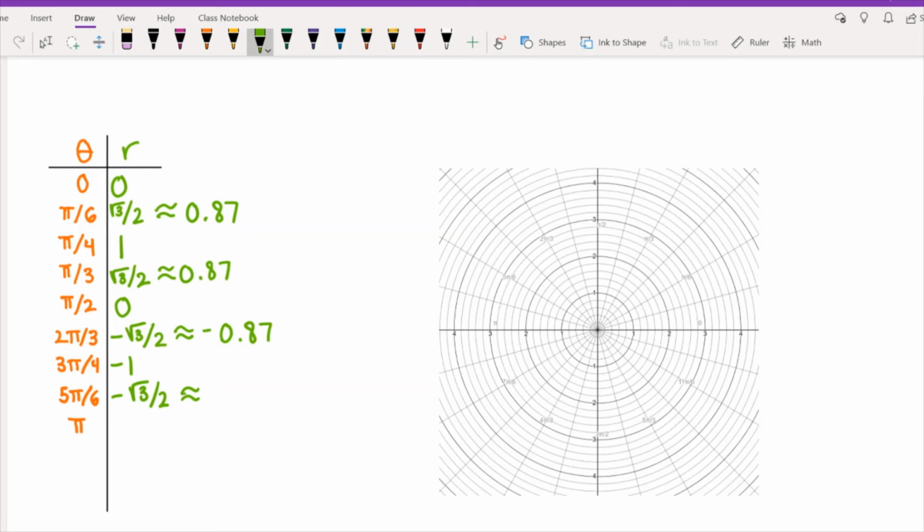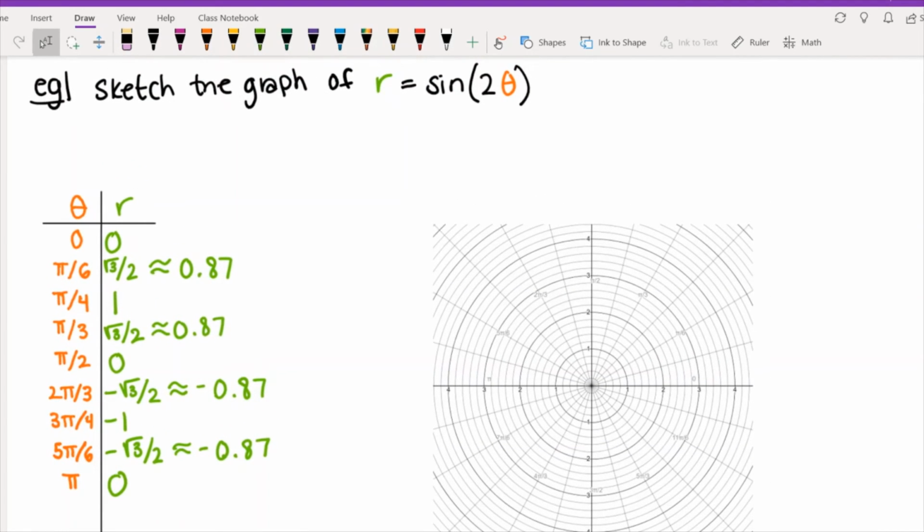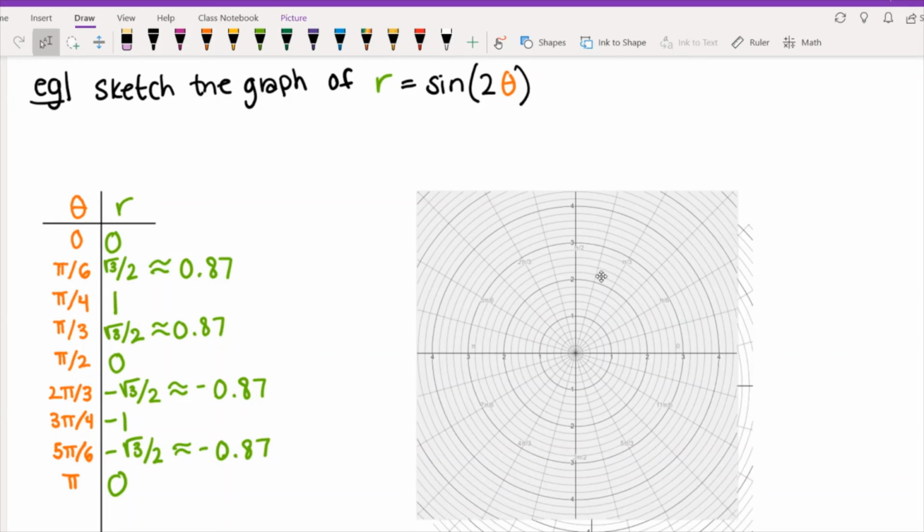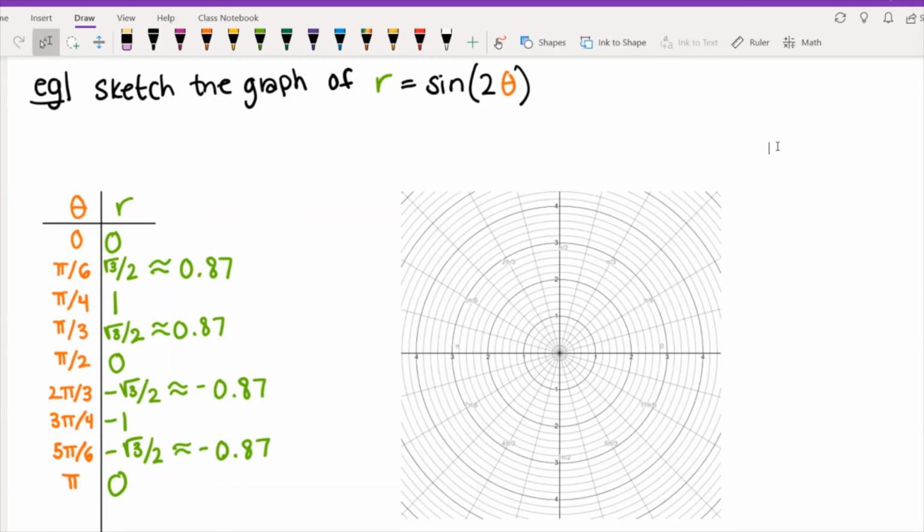So that's approximately negative 0.87. And then finally, pi, if we do sine of 2 times pi, that's sine of 2 pi, and that's going to be equal to 0. So just plugging the points into this equation, just like you do if you're graphing y equals sine of 2x, right? It's the same idea, just plugging in numbers for theta.